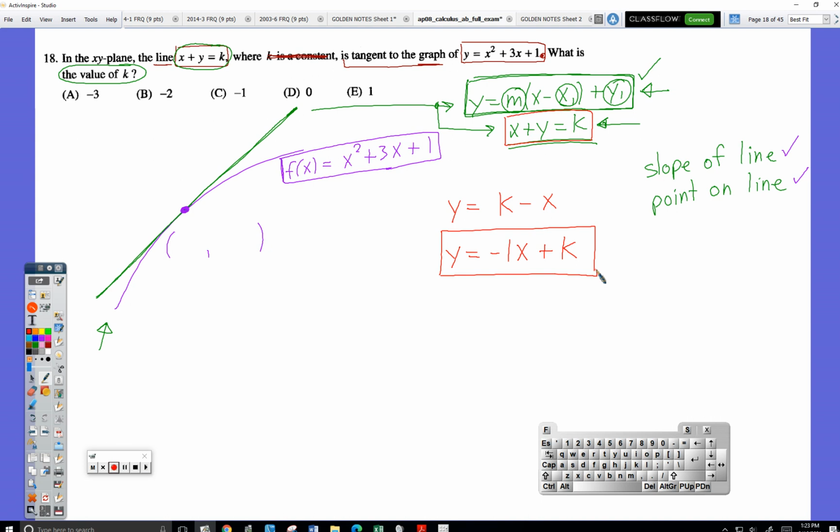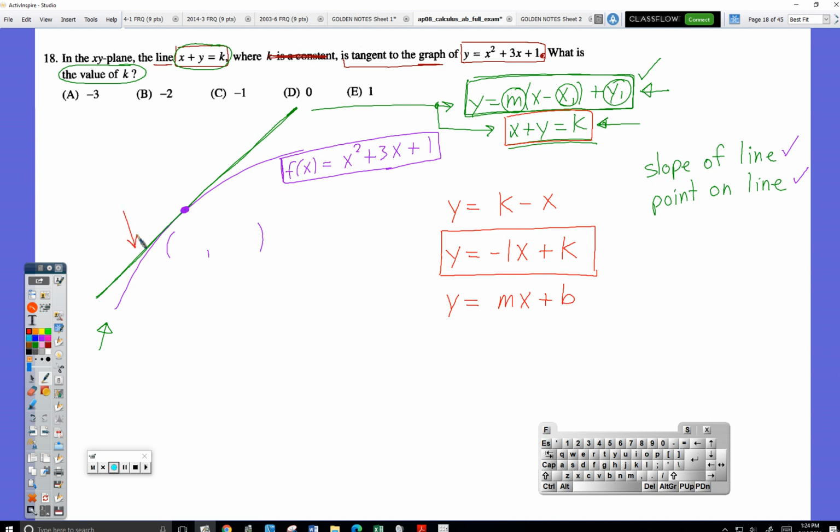Slope of what? Of the line. So you learned long ago that a line can be written in this format, like that, which means the slope of this line is -1.